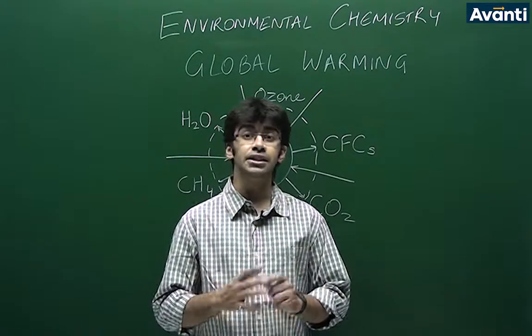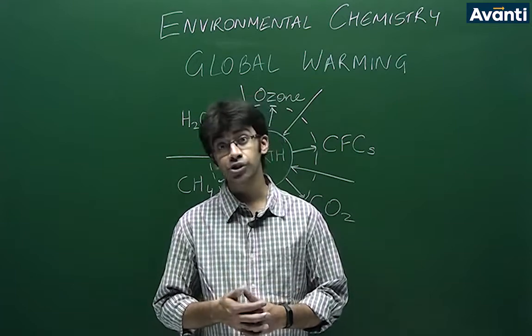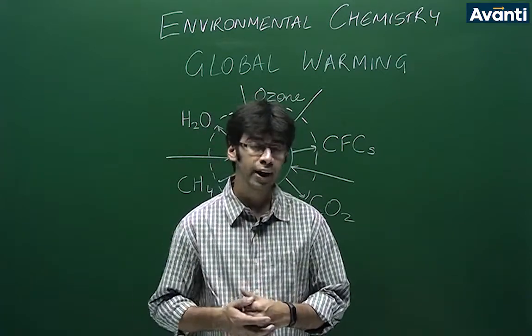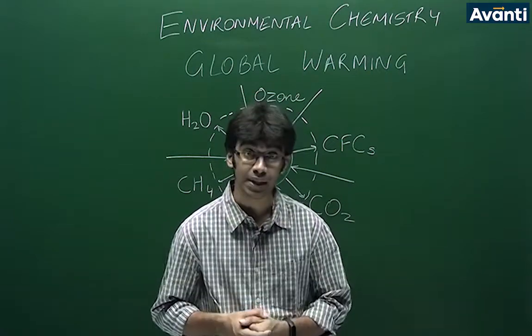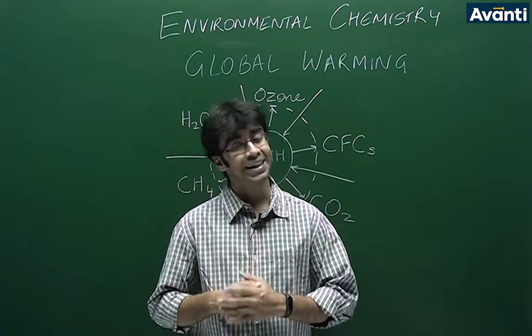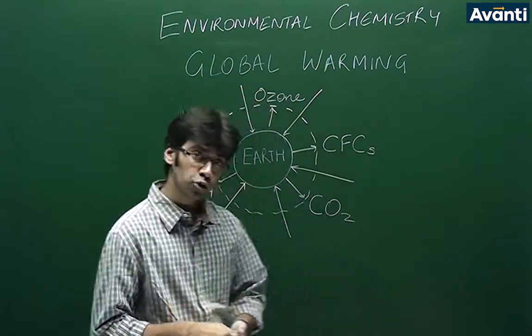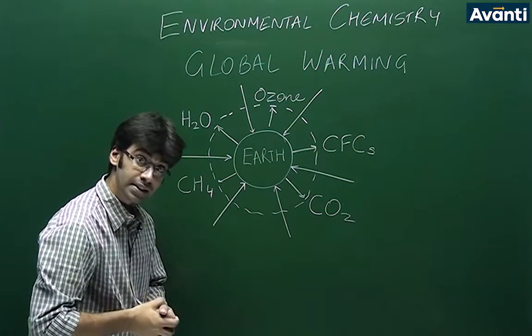Now that we've seen the different gaseous pollutants that exist in the troposphere, let's see how they affect global warming, which is another important phenomenon that a lot of us are talking about nowadays. Before we do that, we need to understand what global warming exactly means. A lot of sunlight keeps hitting the Earth on a day-to-day basis.